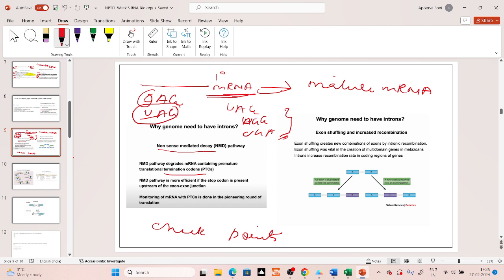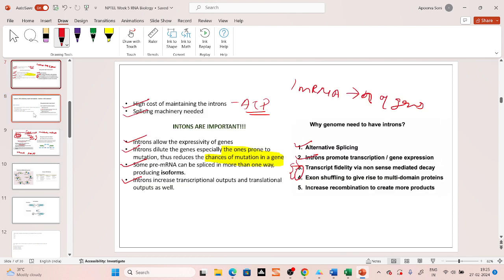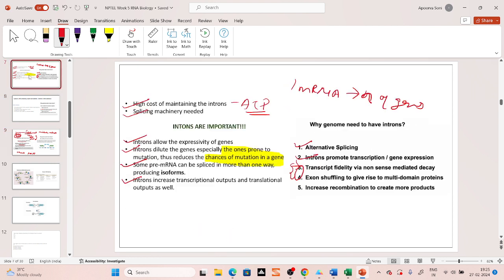Then second is exon shuffling and increased recombination. So here, I've left one slide. Okay, I'll come to this slide later. First, I wanted to explain this so that it makes continuity. So we need to have introns because they help in alternative splicing, clear. Introns promote transcription and gene expression, clear. They promote transcriptional fidelity via nonsense mediated decay.